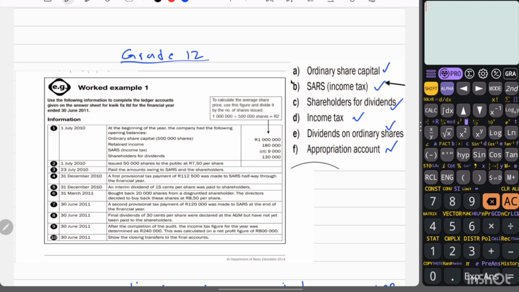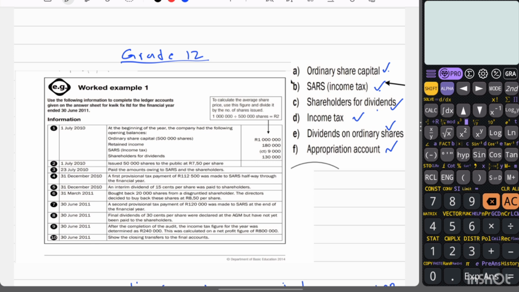All right. Let's go through the activity. What are we required to do here? We are required to prepare the ordinary share capital, the SARS income tax, the shareholders for dividends, income tax, dividends on ordinary share capital, the appropriation account.